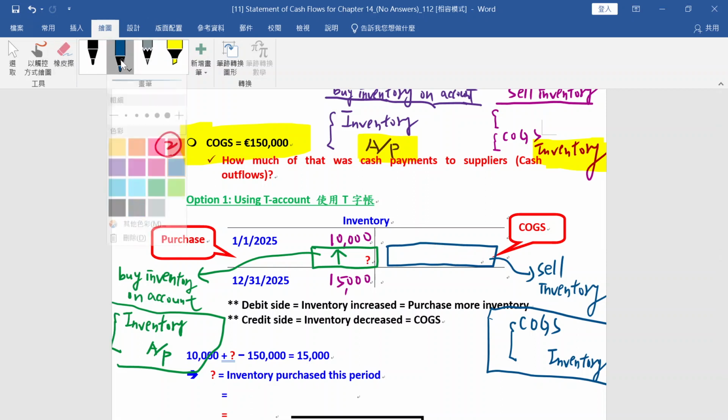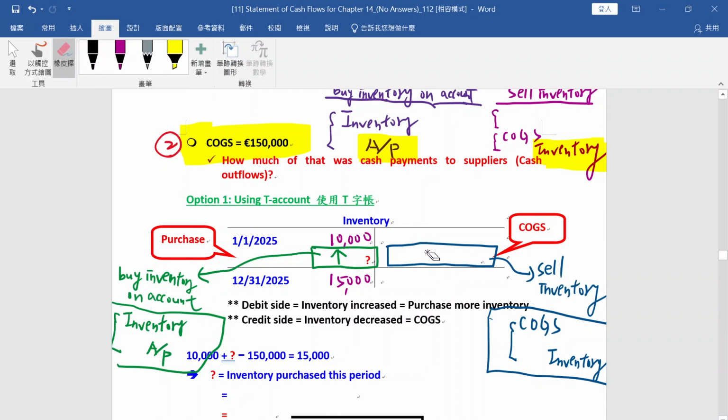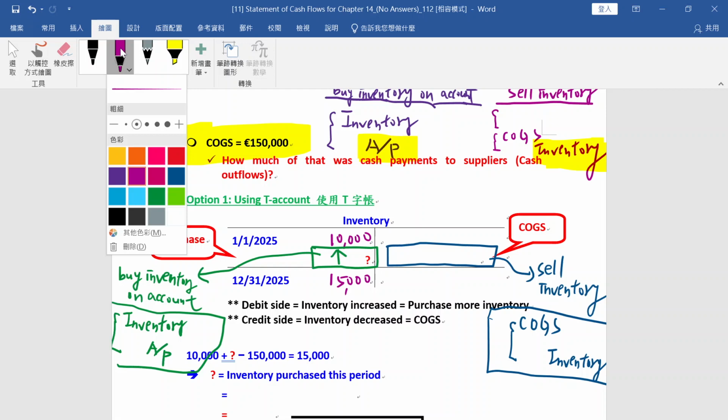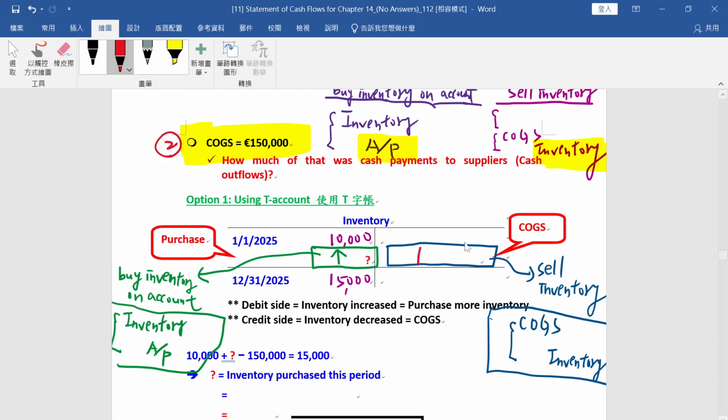So your inventory decreases by cost of goods sold, $150,000. Okay, so based on this, do you know how to do the math for the question mark?